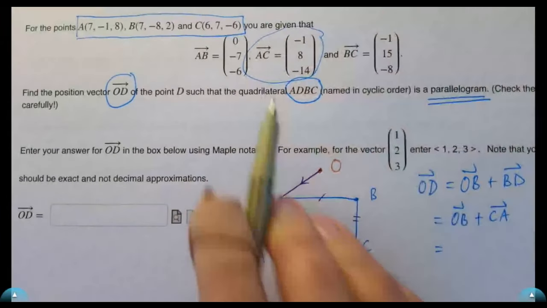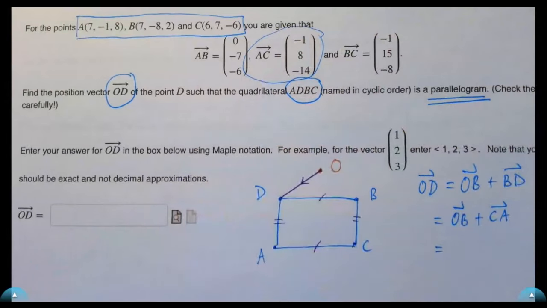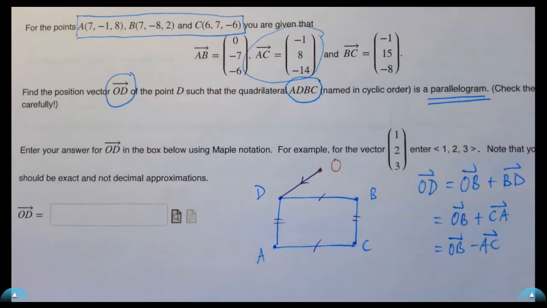This is almost CA, it's AC. So I can write this in the following way, because if you change the direction, you can just put in a little minus sign.